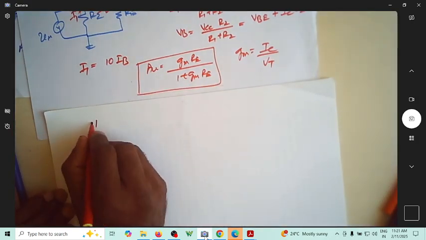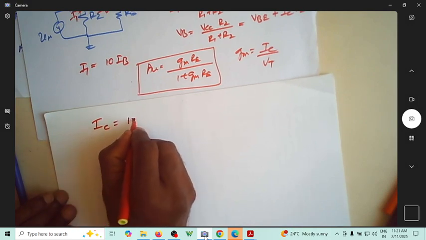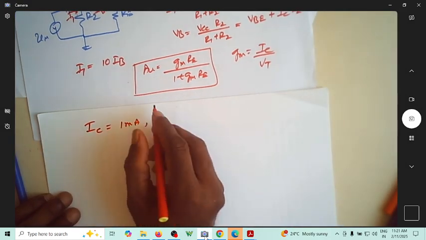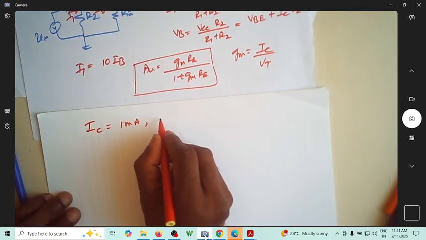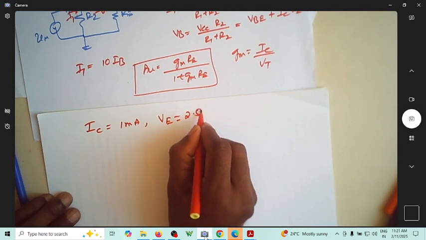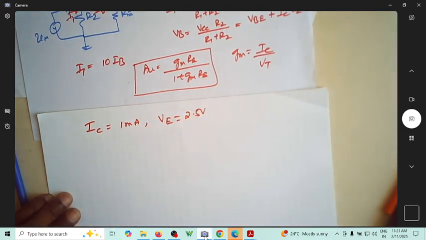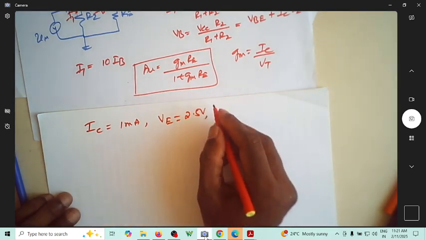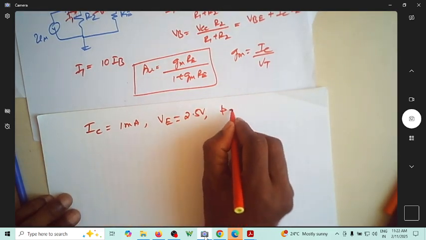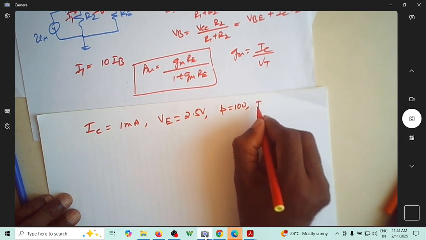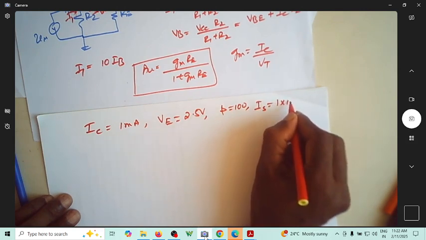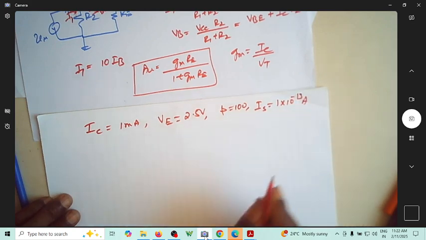Now if you do it for IC equal to 1 milliampere, and to have a maximum swing, let us have VE equal to 2.5 volts. Let us assume beta of 100 and IS of 1 into 10 power minus 13 ampere.